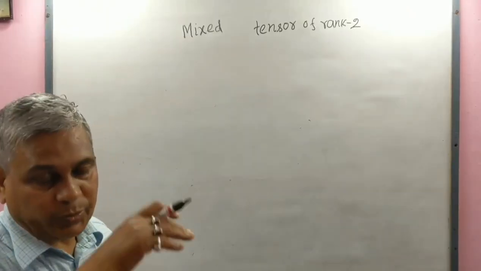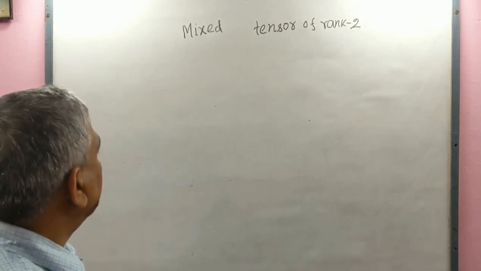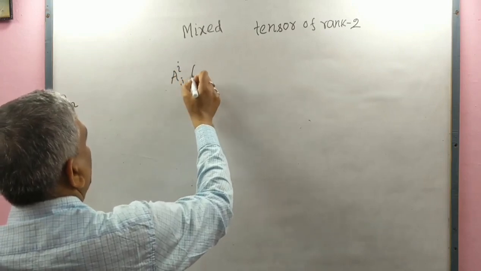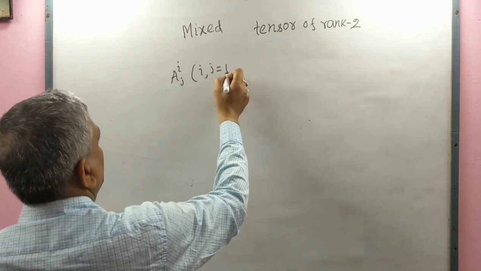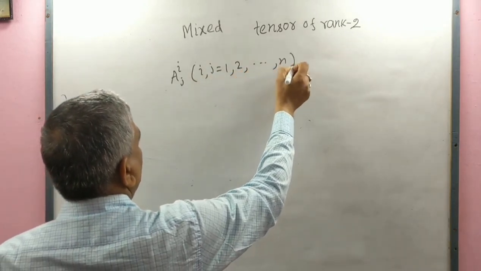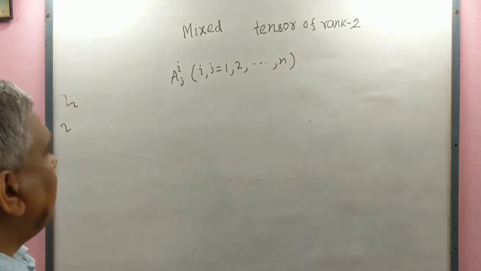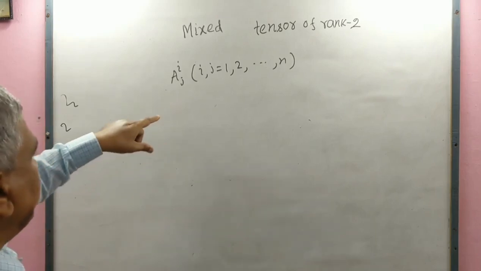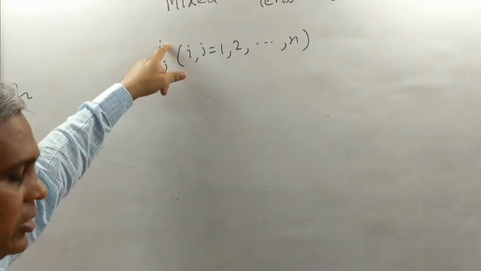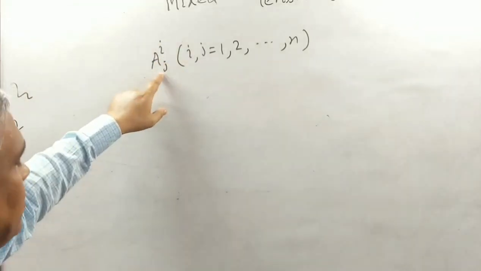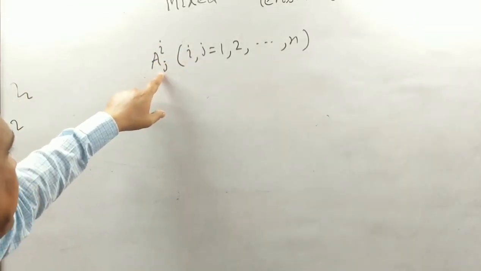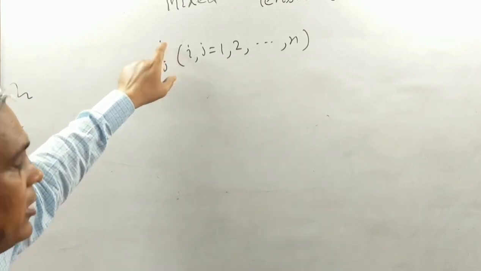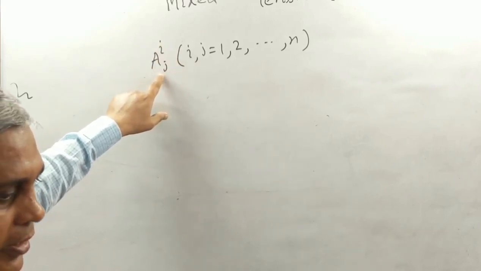Now we discuss the mixed tensor of rank 2. Let A^i_j, i, j equal to 1 to n, be n square quantities in X system of coordinates. Here it is said to be mixed as i is a superscript and j a subscript. Mixed in the sense that i denotes contravariant and j denotes covariant.